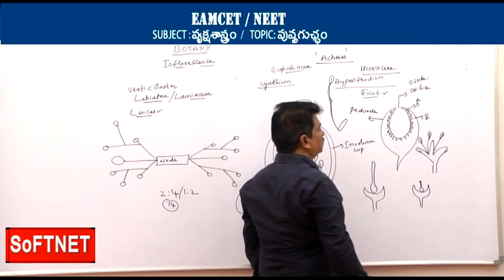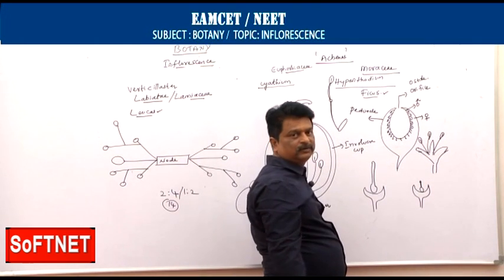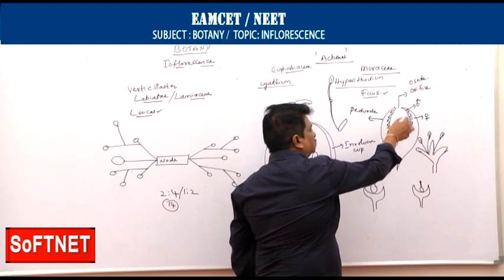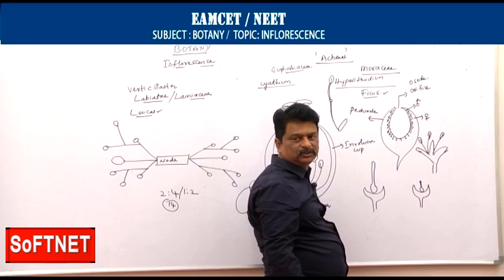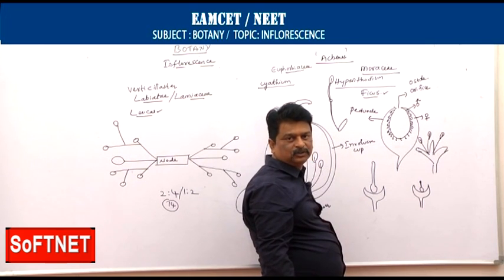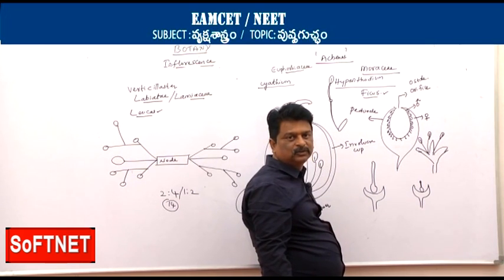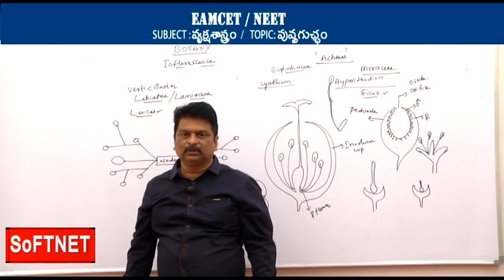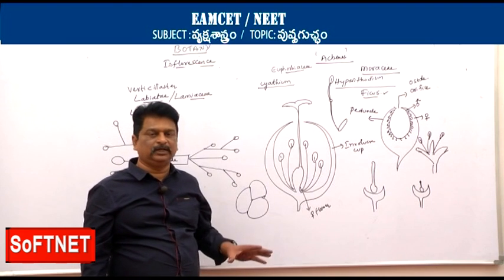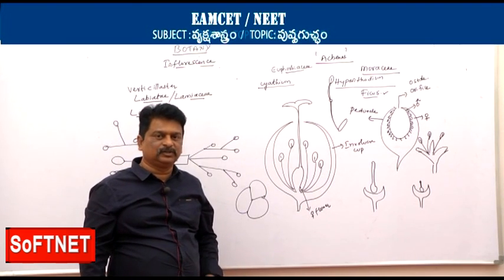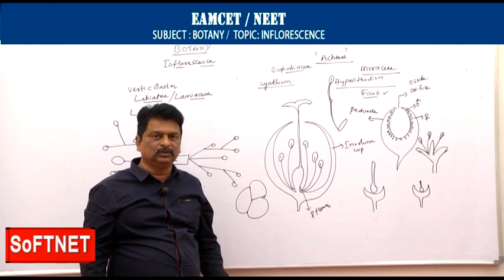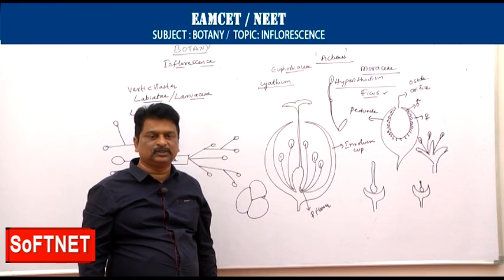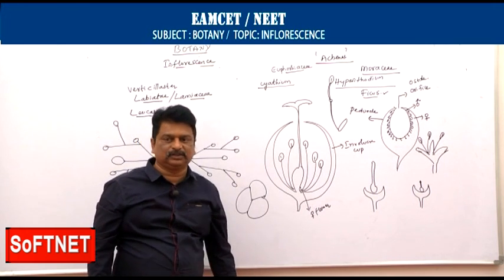Rightly, these are called multiples of achenes. After fertilization, the whole inflorescence is converted into a multiple or composite fruit. That multiple or composite fruit is called syconus. This type of inflorescence belongs to the Moraceae family, in the genus Ficus.